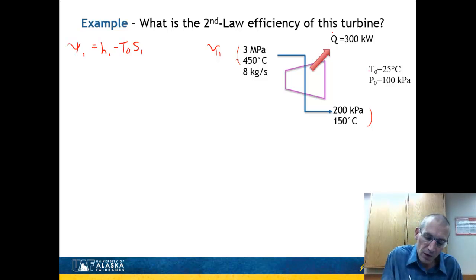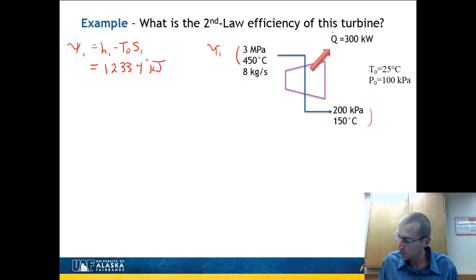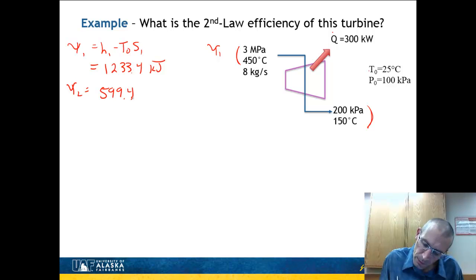I'm going to use this value of T and P on the superheated tables to calculate this value, and that exergy going in is 1233.4 kilojoules per kilogram. Using the outlet conditions, the outlet exergy is 599.4 kilojoules per kilogram.